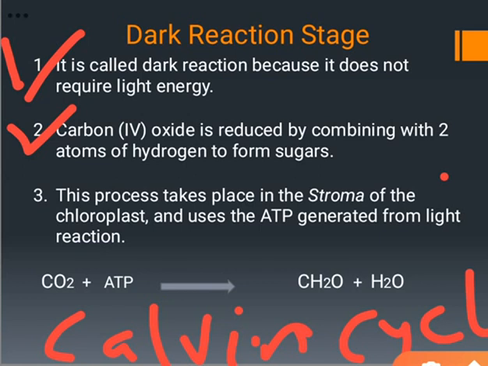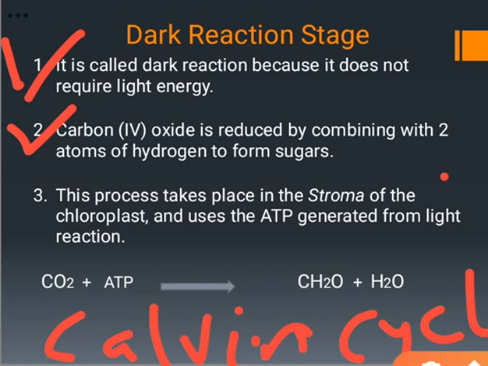Remember that in the light stage that we described, ATP molecules are formed. ATP is formed when ADP receives hydrogen to form ATP.